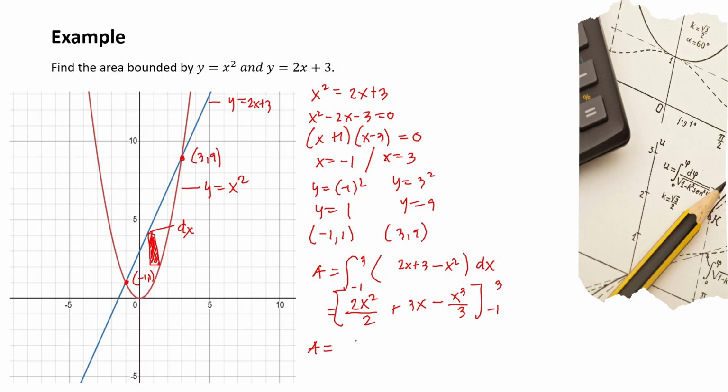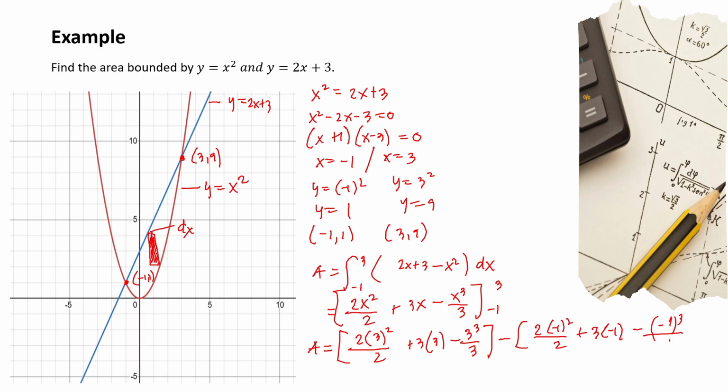So the area is equal to, we substitute, 2 times 3 squared over 2 plus 3 times 3 minus 3 cubed over 3, then minus 2 times negative 1 squared over 2 plus 3 times negative 1 minus negative 1 cubed over 3.